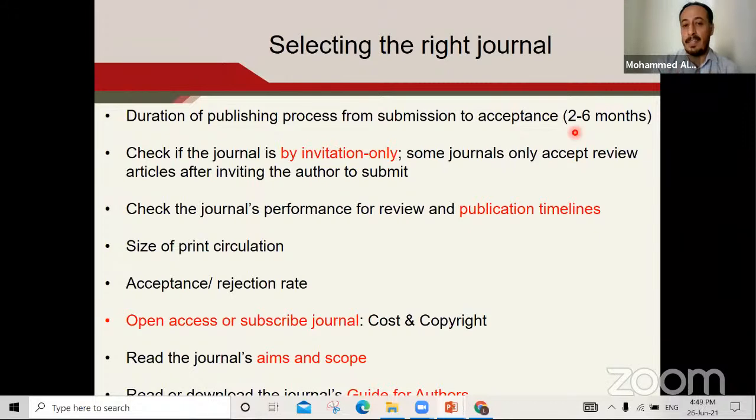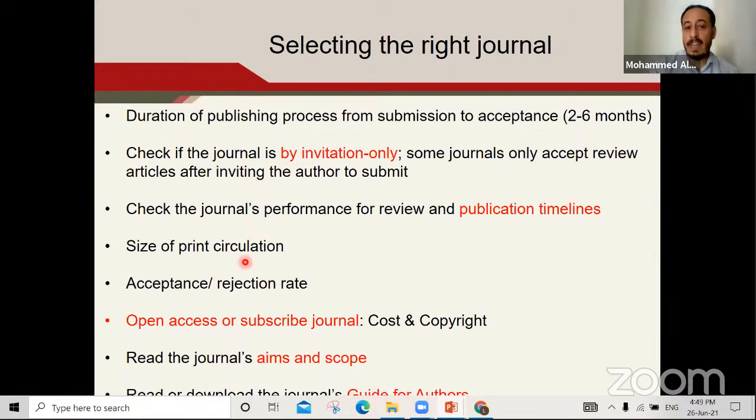Then get the average of 10 articles, and you will get this duration. Some journals, especially for reviews, accept by invitation, so don't submit if it's by invitation, which means they will not accept. They just invite the experts in the area. I think I have covered the publication timeline.